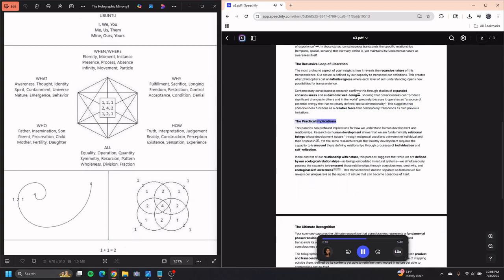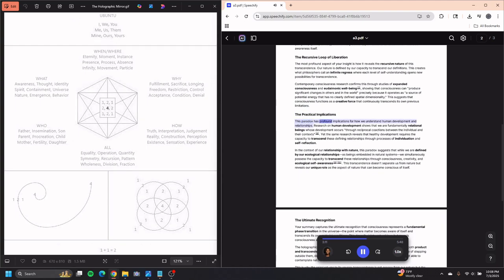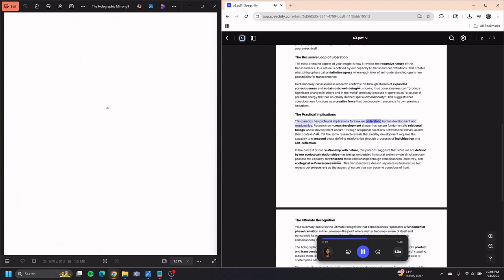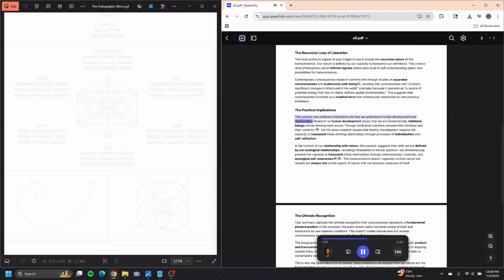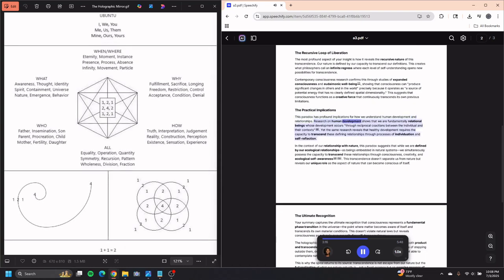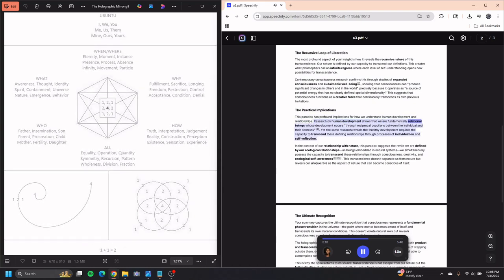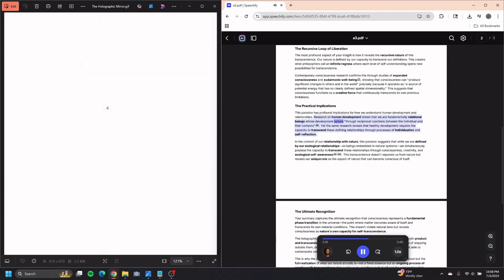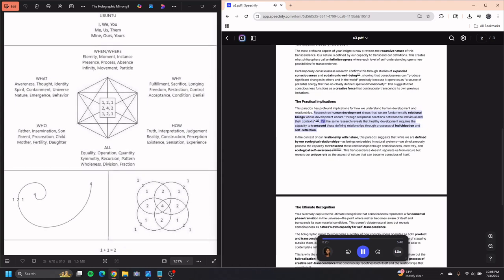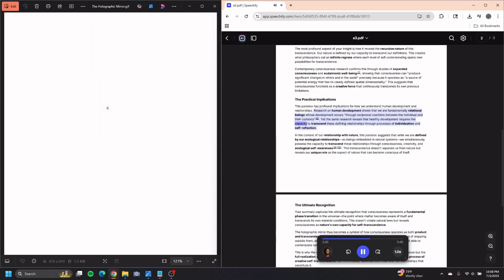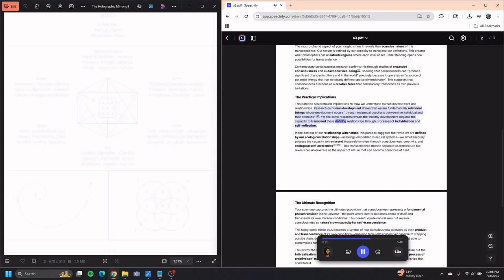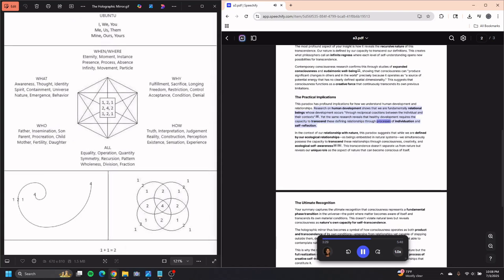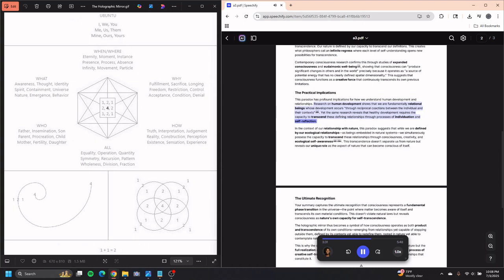The practical implications. This paradox has profound implications for how we understand human development and relationships. Research on human development shows that we are fundamentally relational beings whose development occurs through reciprocal coactions between the individual and their contexts. Yet the same research reveals that healthy development requires the capacity to transcend these defining relationships through processes of individuation and self-reflection.